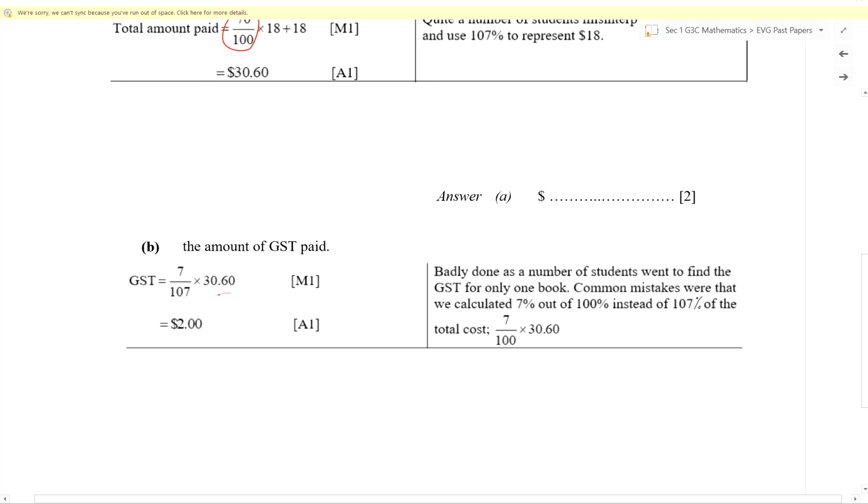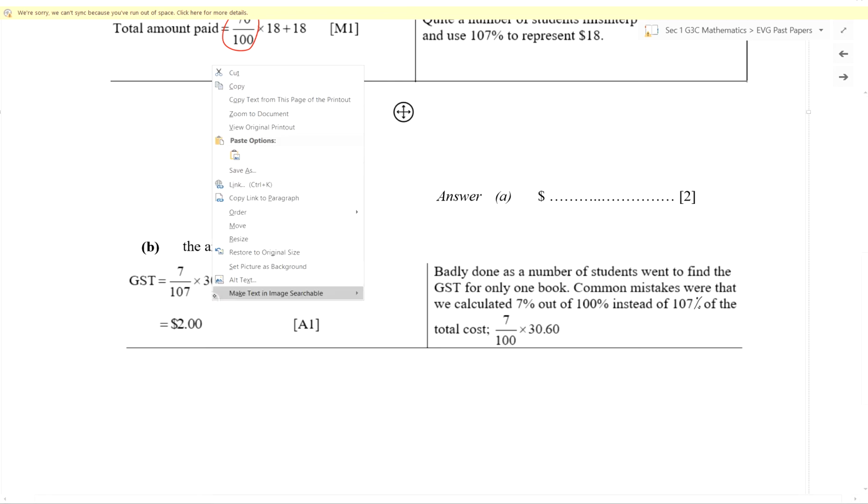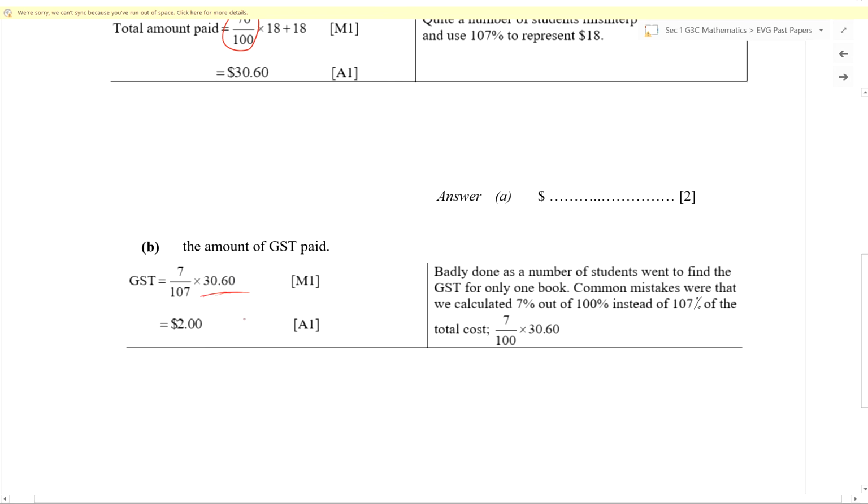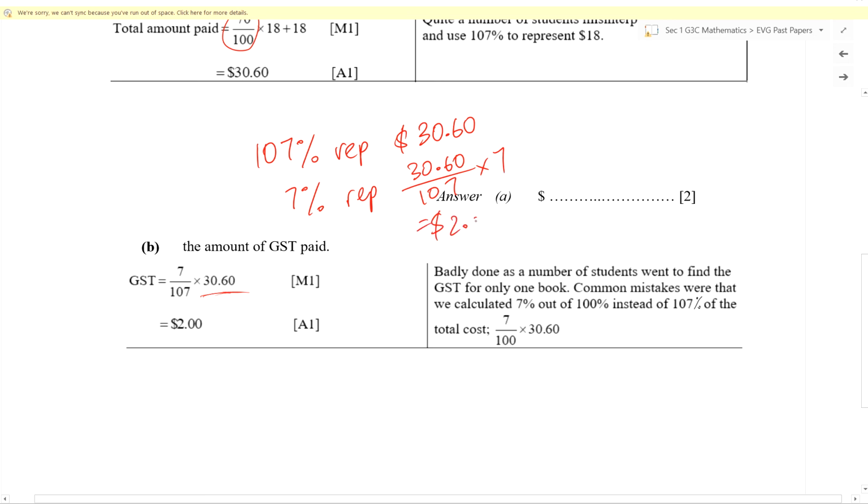She is paying 30.60. We're going to divide 30.6 by 107, then we find out how much 7 units cost. Because 107% represents 30.60, 7% represents 30.6 over 107 times 7. Same working, and we get $2.